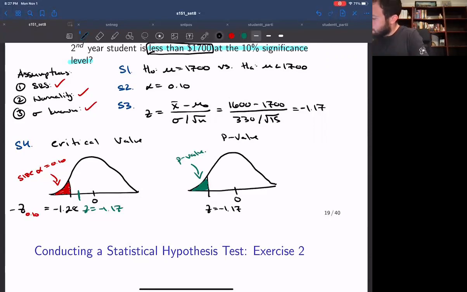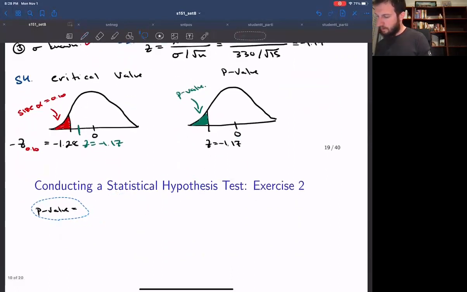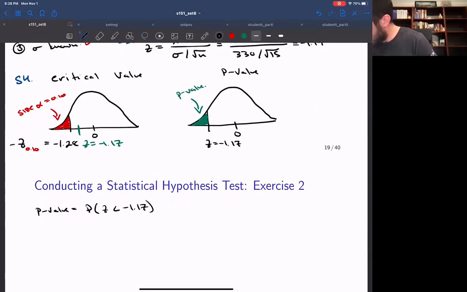Okay. So that means that the p-value is equal to the probability Z is less than negative 1.17.